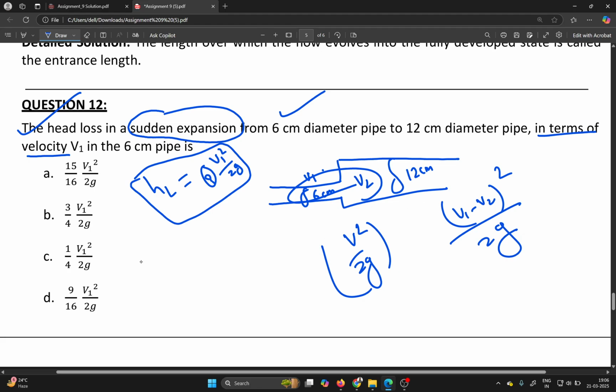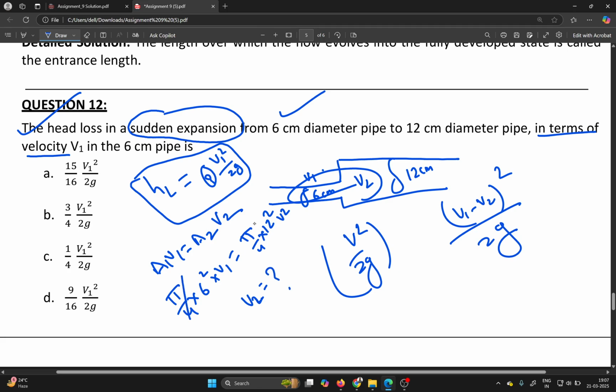How will we calculate the v1, v2 relationship? You know this one: pi by 4 into 6 square v1 is equal to pi by 4 into 12 square v2. You need the answer in terms of v1, so you have to calculate the v2 value here.